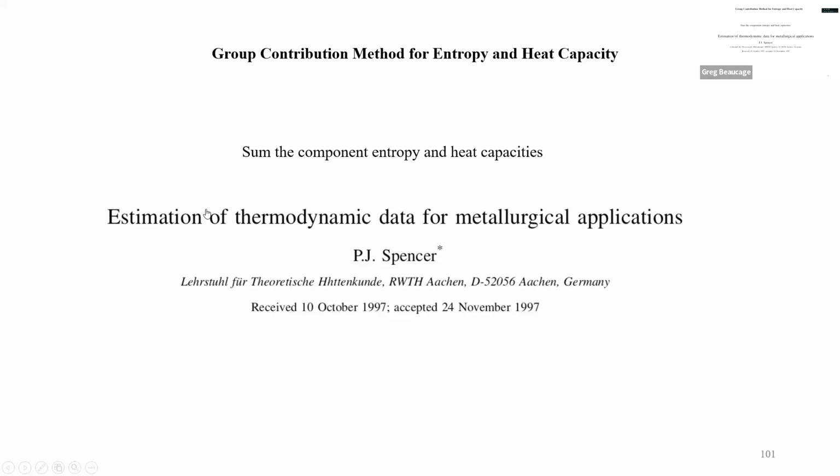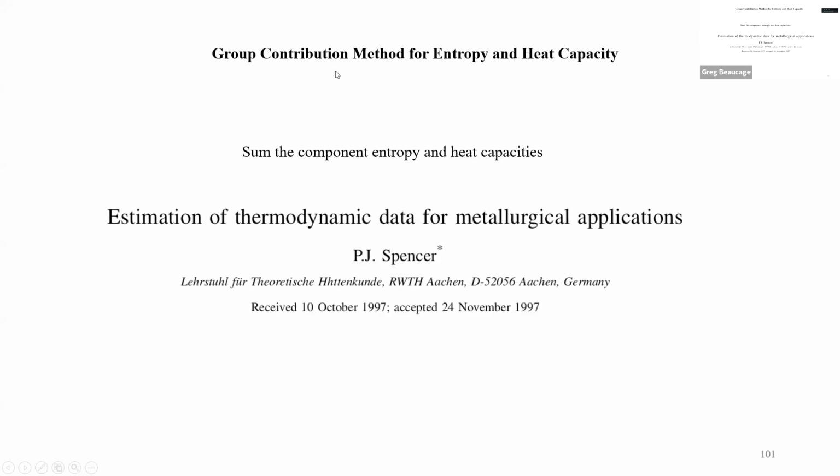Group contribution means you take chemical units and add them together to get something like the heat capacity. Say it's an organic molecule with aromatic rings and some kind of alkane. Each one has a heat capacity, you weight the component heat capacities and sum them up.